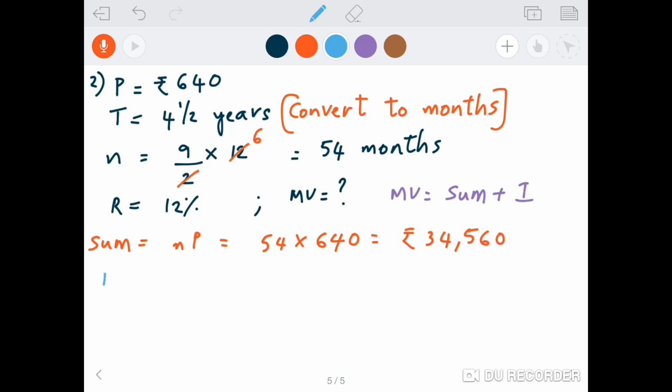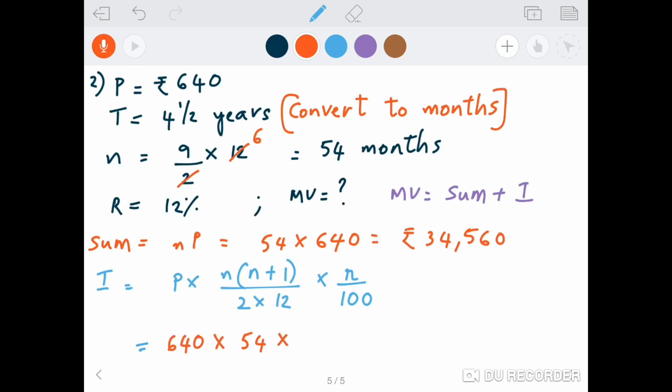The interest is just a simple formula, which is P times N into N plus 1 divided by 2 into 12 times R by 100. Let us put all this together now. We know P is 640. So 640 times 54 times 55, since N plus 1 is 55, times 2 into 12 times R by 100.